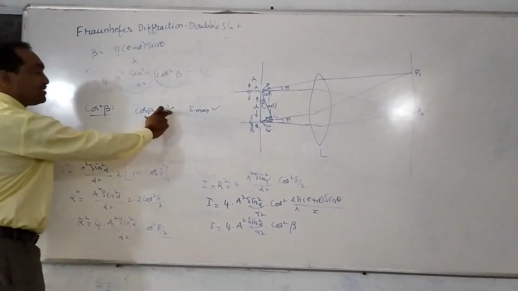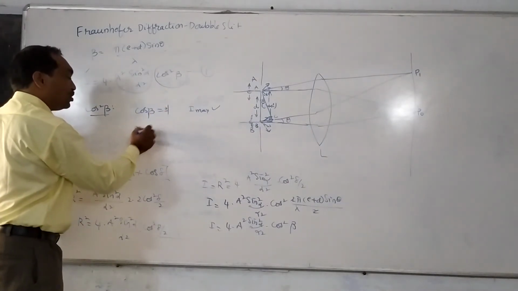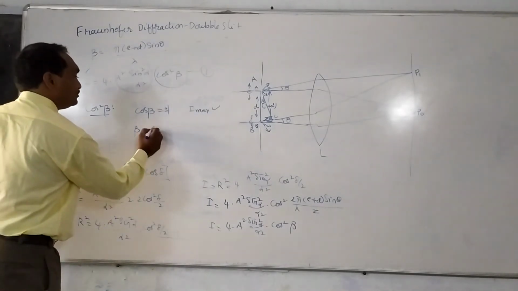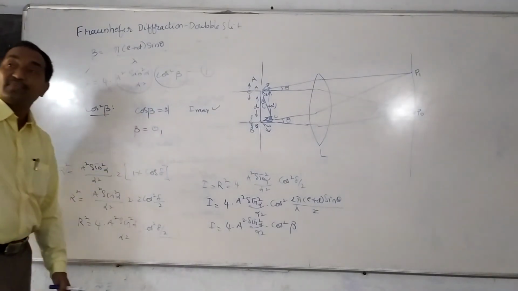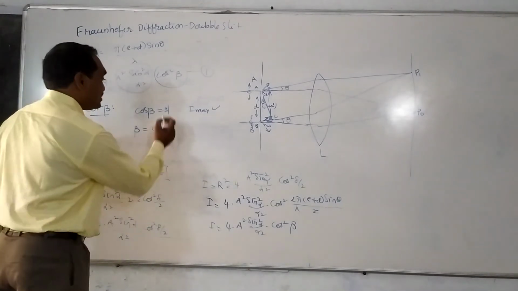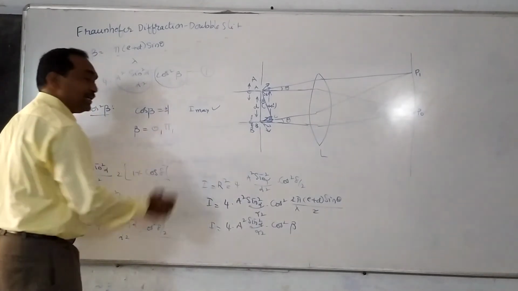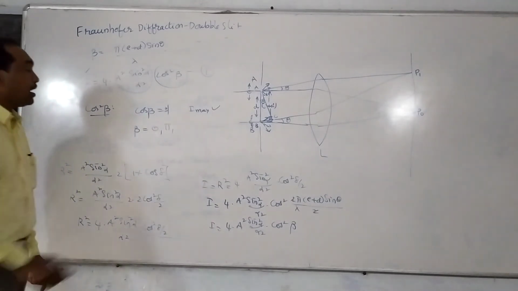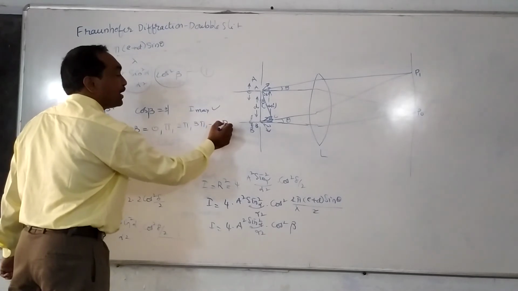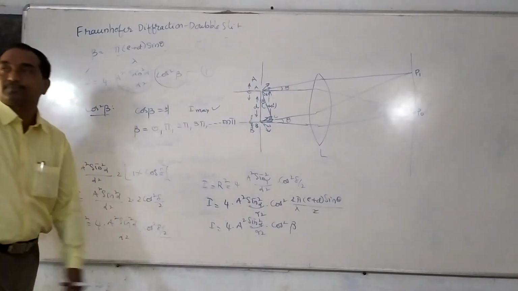Cos beta equal to plus or minus 1 means beta is equal to how much? What is the value of cos 0? 1. What is cos 180 degrees? That is minus 1. 180 degrees is nothing but pi. And 2 pi, 3 pi, 4 pi, and so on, m pi.